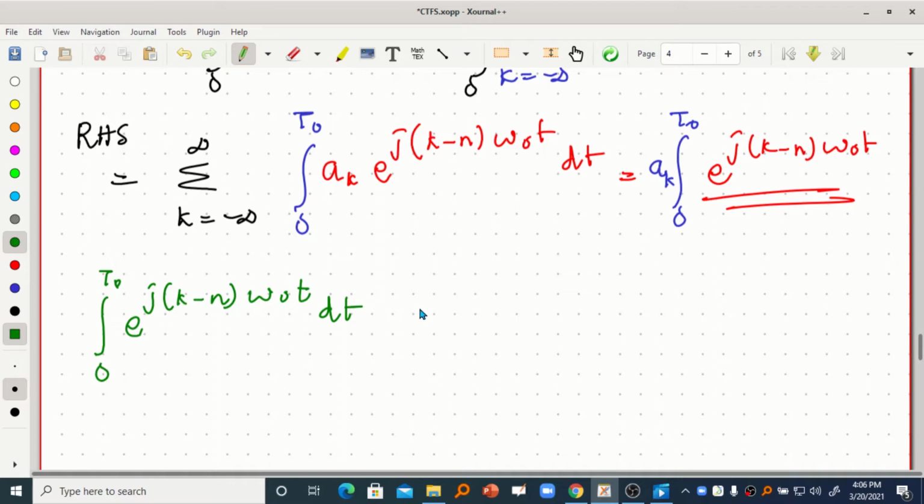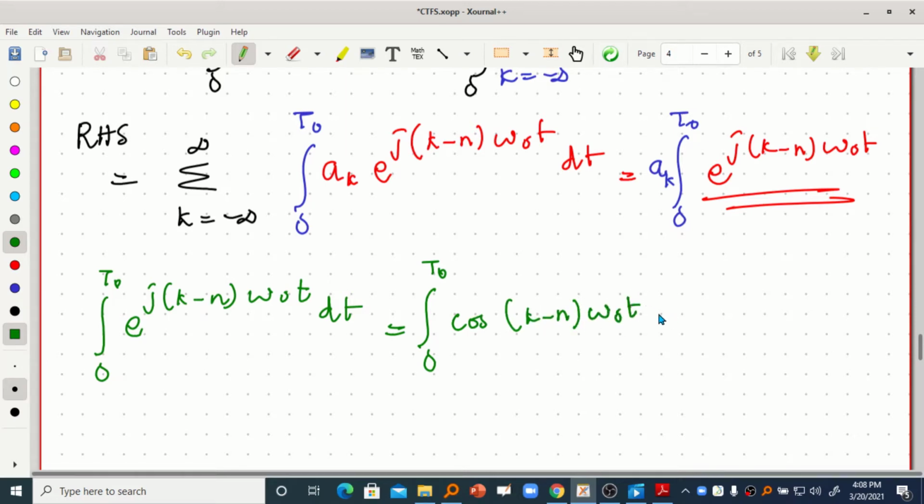Now using Euler's identity, you can express it as integral 0 to t0 of [cos((k minus n) omega 0 t) plus j sin((k minus n) omega 0 t)]. So I have to put a bracket here, right?